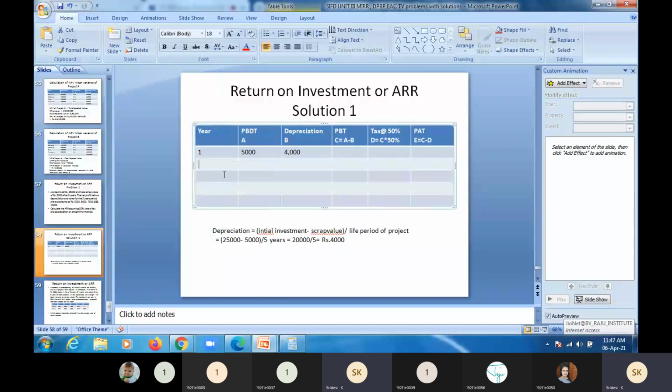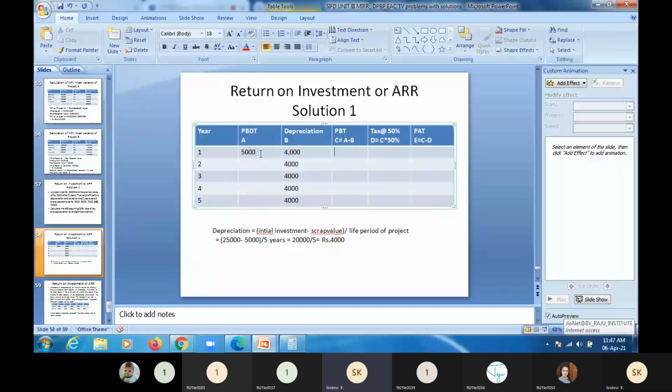So 1, 2, 3, 4, 5 years. No? Write the values that were given as cash inflows here, but depreciation you have to take 4,000 for every year. So now you calculate here PBT.